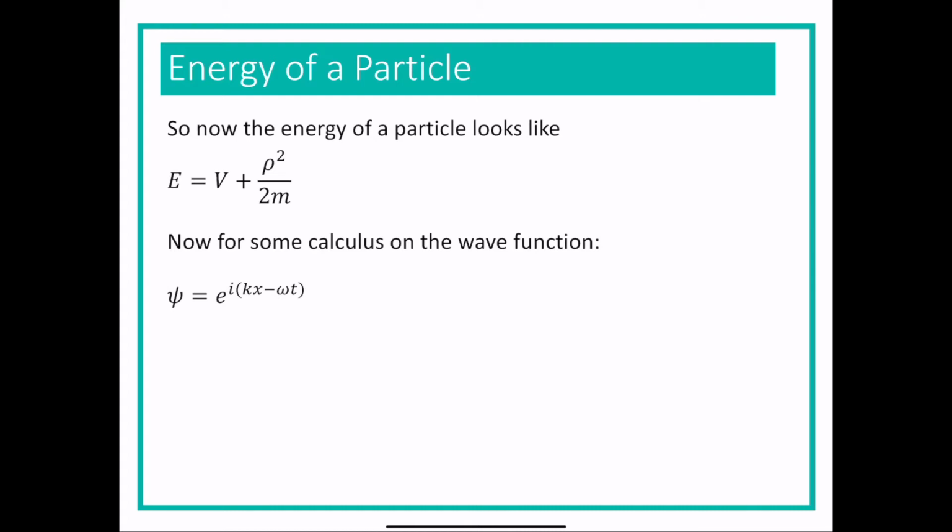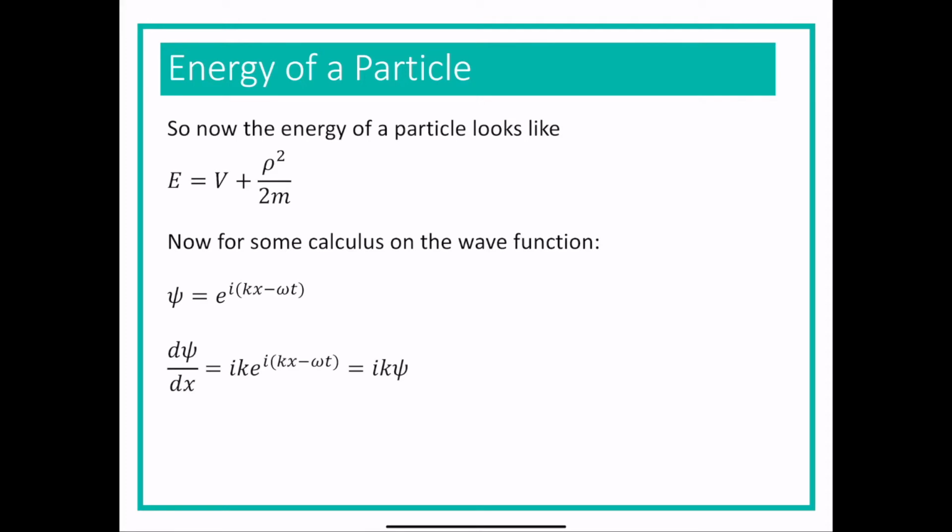At least I didn't forget the word semiconductor today. Sometimes I do. Anyway, we're going to take the first derivative of e to the i kx minus omega t, and we're treating omega t as a constant. So the only thing in the exponent really related to the variable is i times k. When we take the first derivative, we get ik, and then we get our original wave function back, because that's part of the exponential.